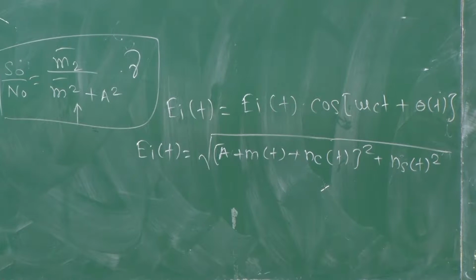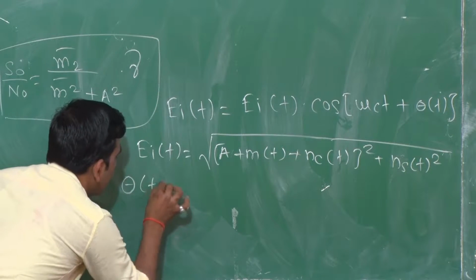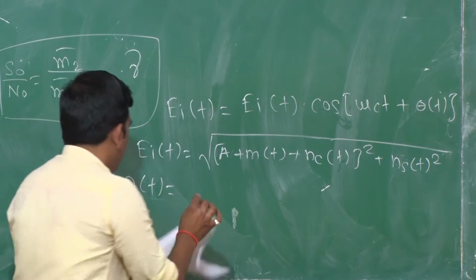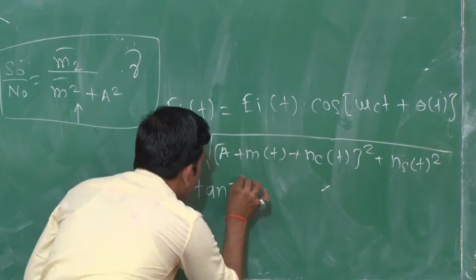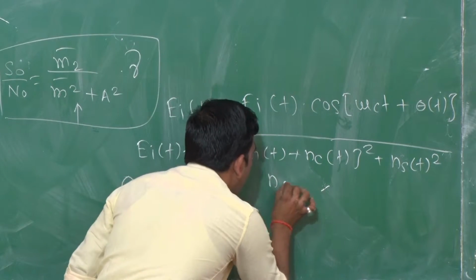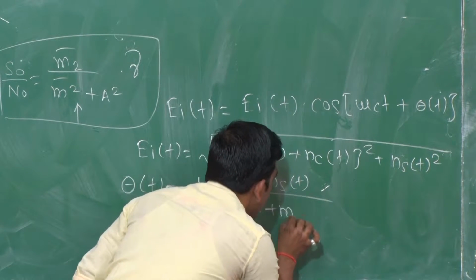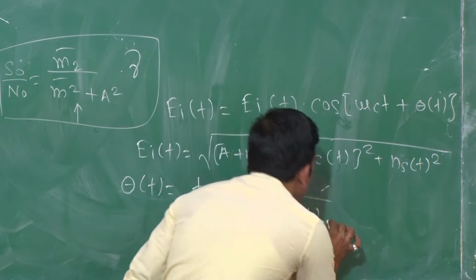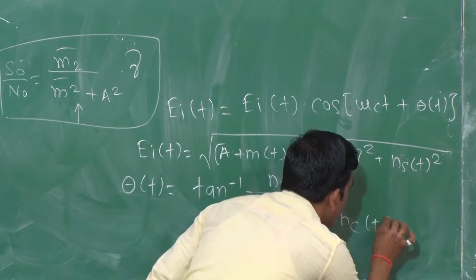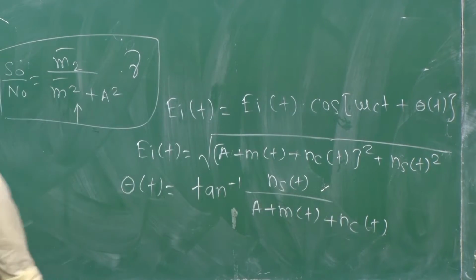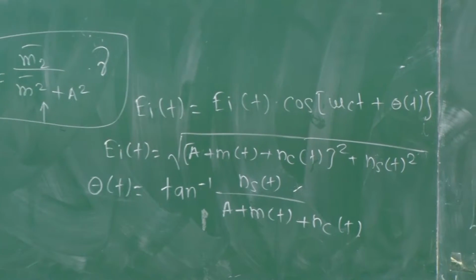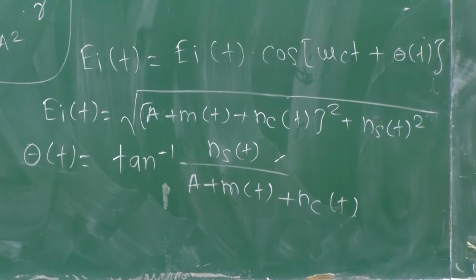Similarly, we get the phase, theta(t), given as tan inverse of ns(t) divided by (a plus m(t) plus nc(t)). This is the performance of the envelope detector.